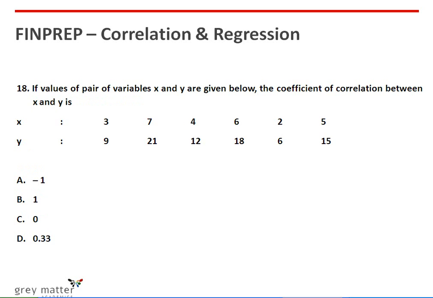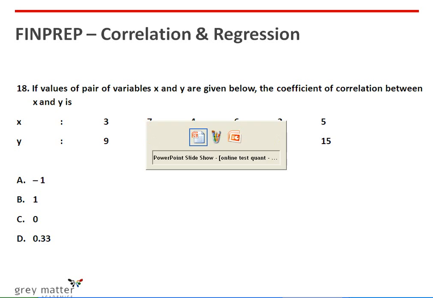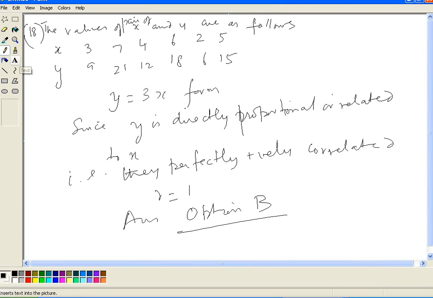18th question. If values of pairs of variables x and y are given below, the coefficient of correlation between x and y needs to be found out. Going to our work area, the value of pair of x and y are as given here in the question itself. Based on the way y varies in correlation to x, we find that y is 3 times x, or 3x form.